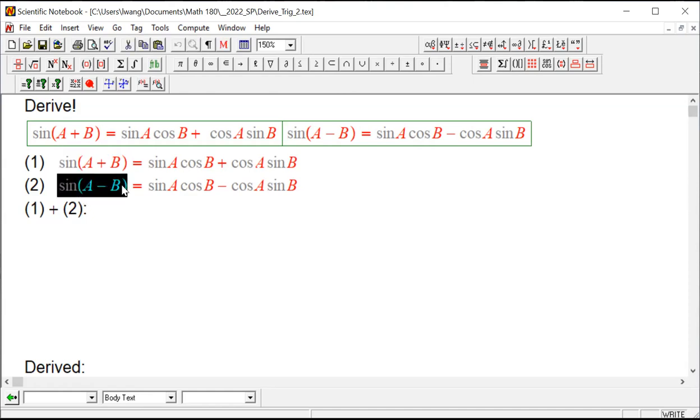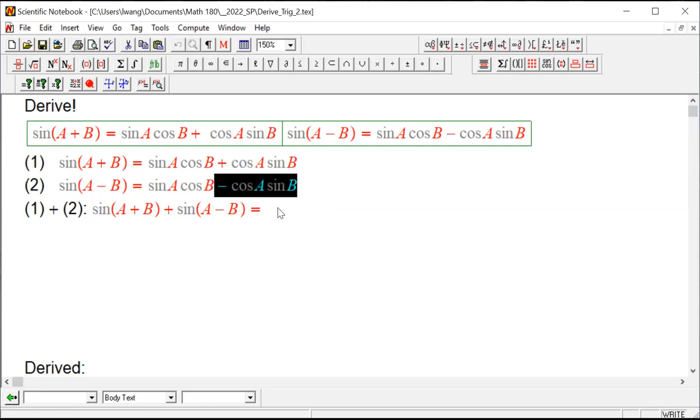On the left-hand side, we get sine of A plus B plus sine of A minus B. On the right-hand side, when we add, these two are the same, and these two are opposite, so they cancel, 0. So we have 2 times sine A cosine B.